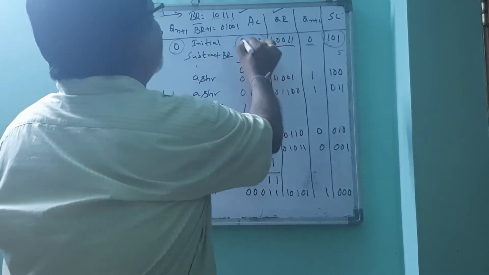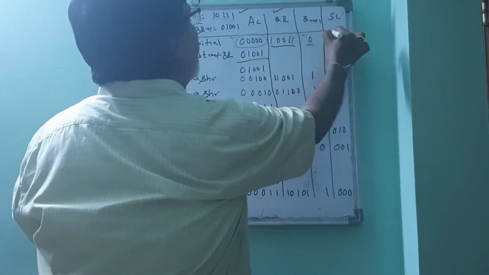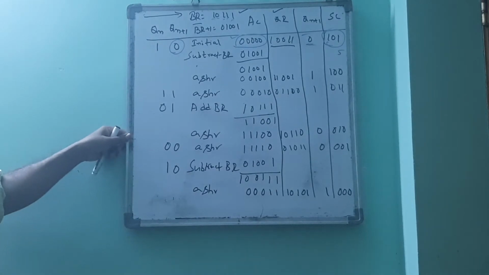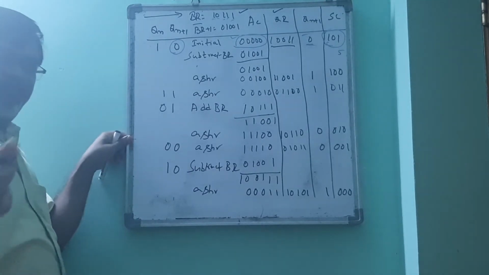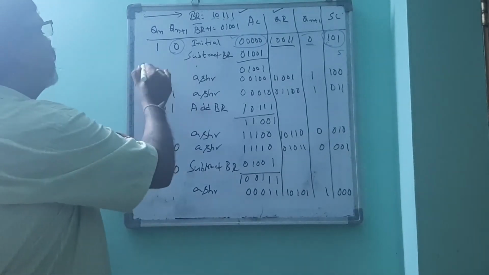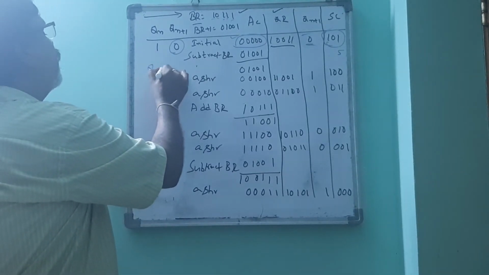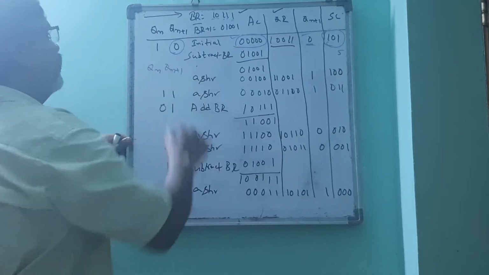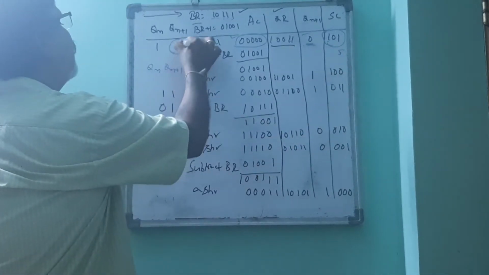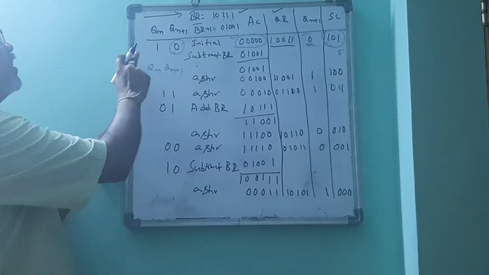After initializing these three values, as per your flowchart, if you go back to the flowchart explanation, you will see the checking of the Qn and Qn plus 1 values. What is the initial Qn plus 1 value? It is 0. And what is Qn?